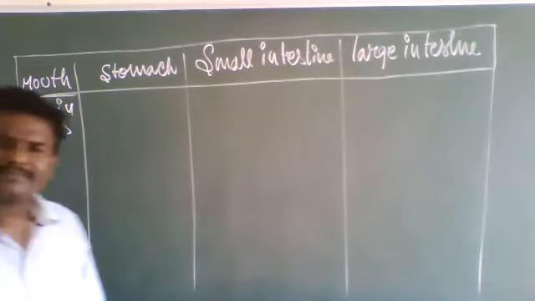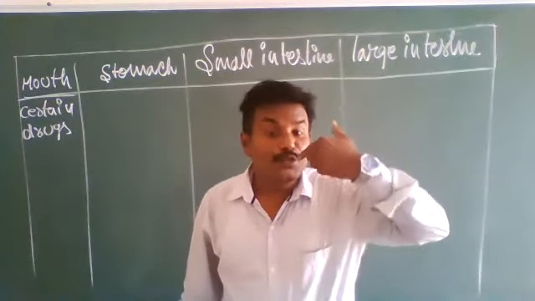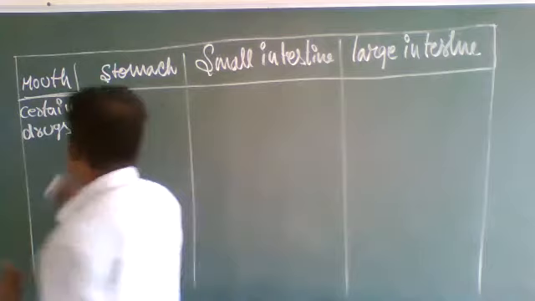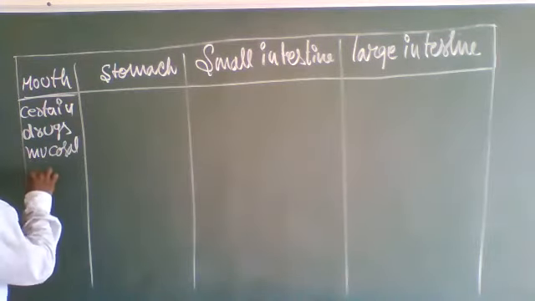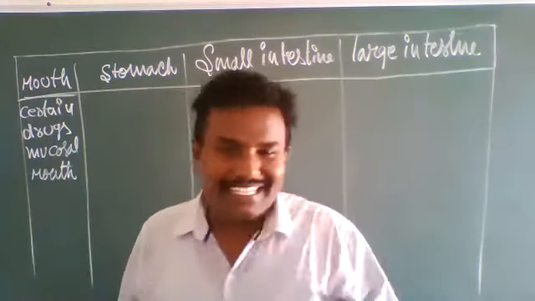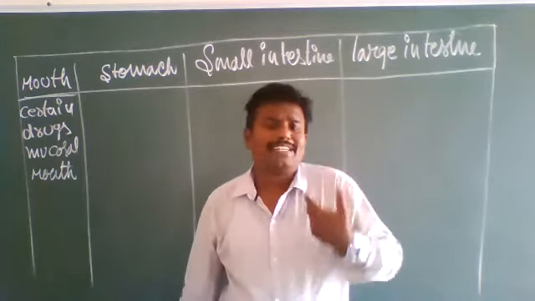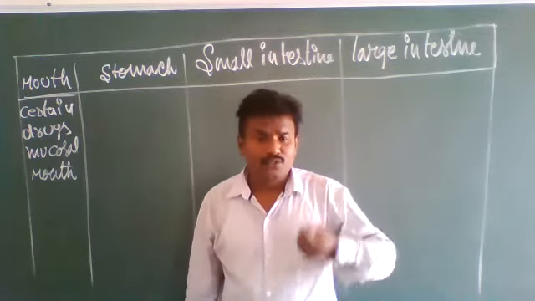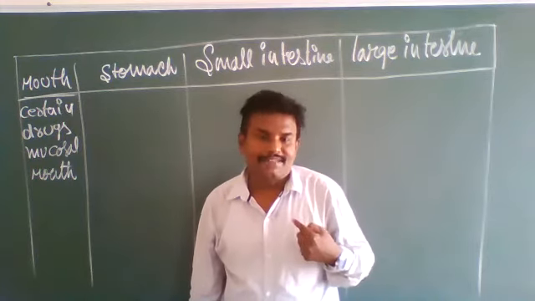Certain drugs come in contact with the mucosal cells of the mouth. The word certain drugs means whenever we take a drug, it comes in contact with the mucosal cells of the mouth.